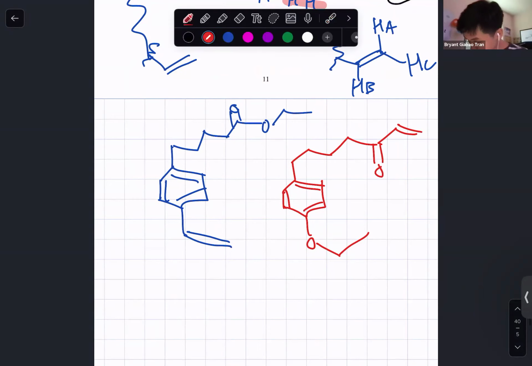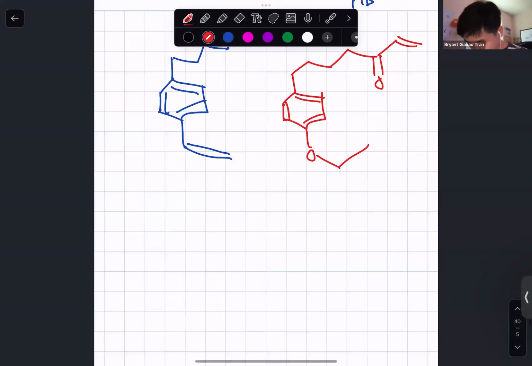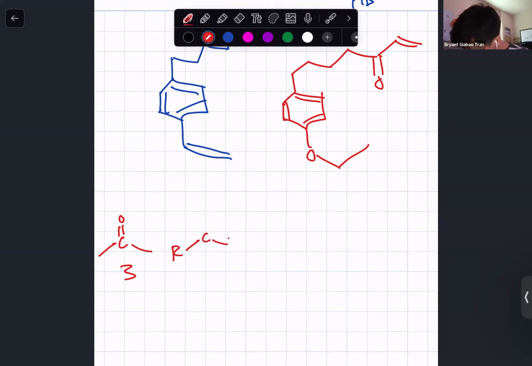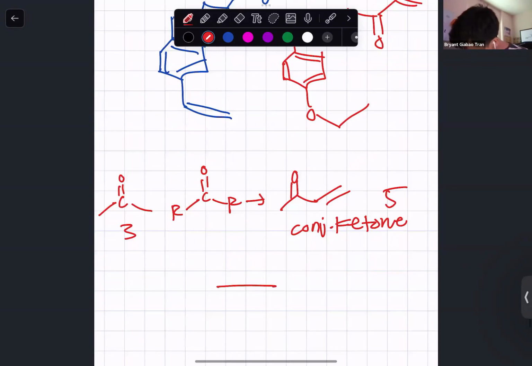Yeah, because what she put on the key is something like this to get to that thing. But I don't know what these symbols mean. Conj ketone, conjugated ketone. Fine. And she put something like this with the peak like that to get this.